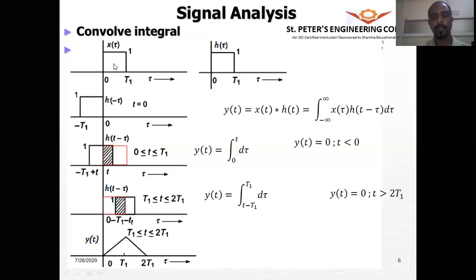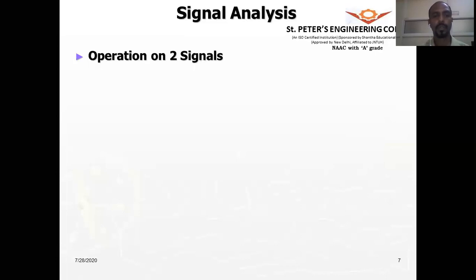In one example, we saw two infinite signals being convolved. In the other example, one finite signal and one infinite signal. And this is the third example where we take two finite signals, so that we understand what the overlapping will be and how many times we have to compute the integral. This is what we have seen in the convolution of two signals.